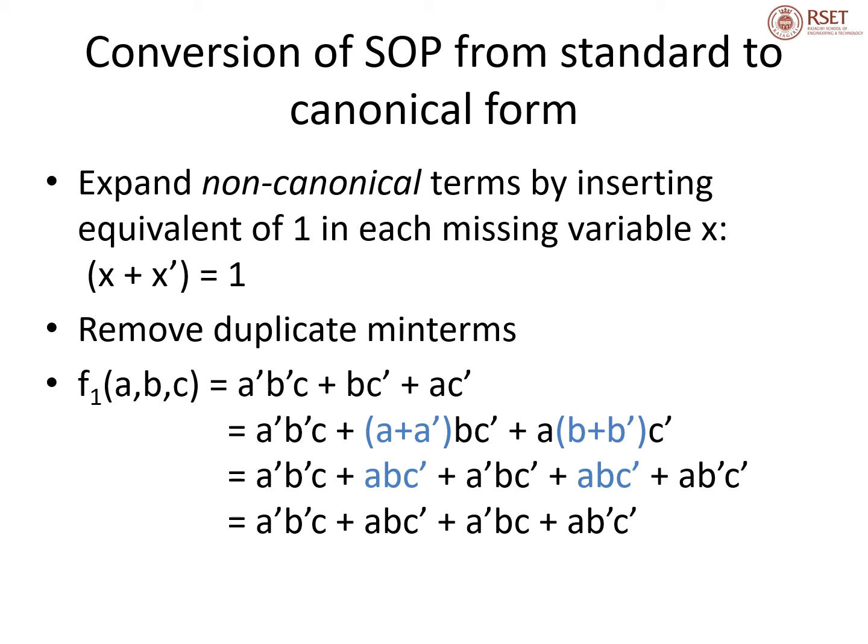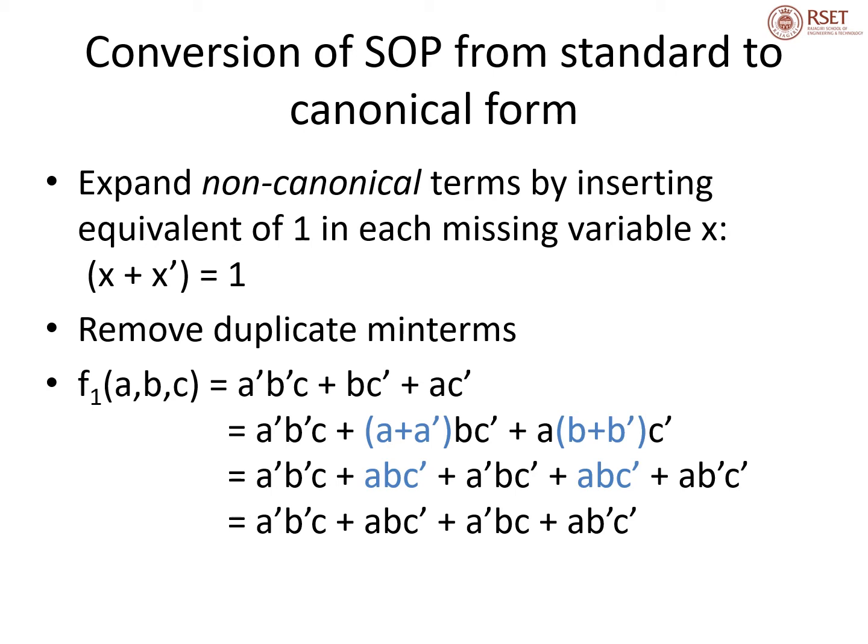So when you take the expression in the previous slide, f1 of a, b, c, you could see that in the second term and third term we were missing a variable. In the second term we have missed out the a variable, so we can assume there is a 1 there. That 1 can be replaced with a plus a complement, shown in blue. Similarly, in the third term b is missing, and that can be replaced with b plus b complement.